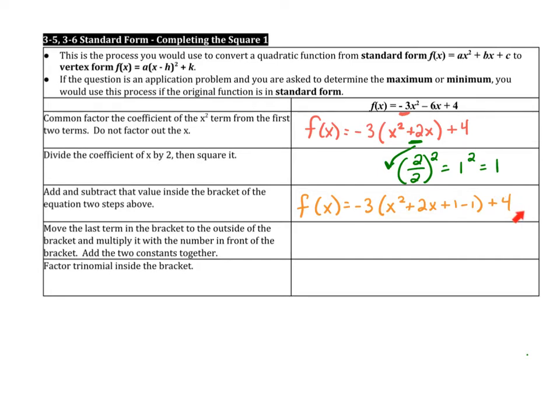Once again, you multiply the last term, the -1, with the number in front of the bracket so that we can remove it from the bracket, and then it gets put over here.